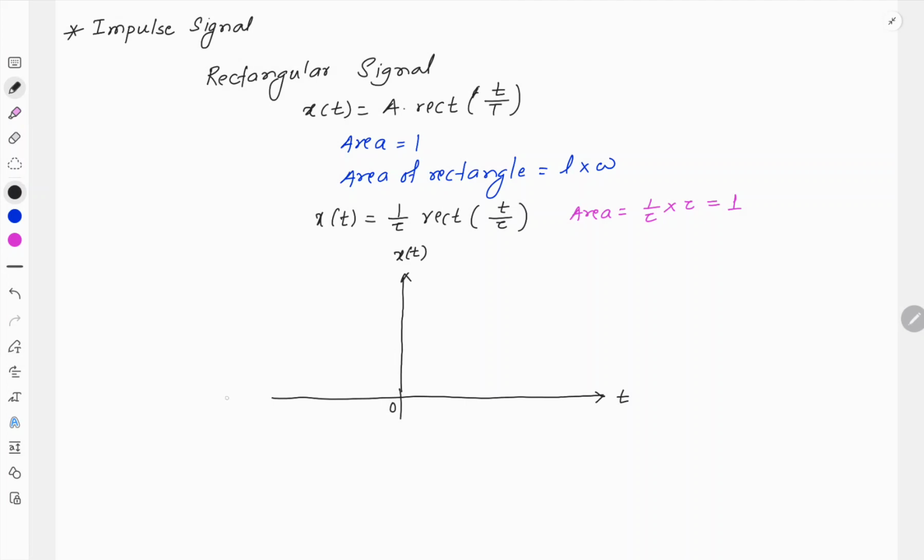And this rectangular signal is represented as, now the total width is tau, so this signal will extend from minus tau/2 to plus tau/2. So this will be a rectangular signal with height equal to 1/tau.